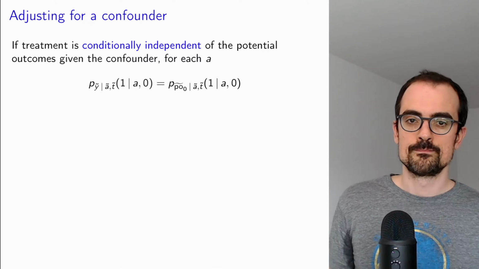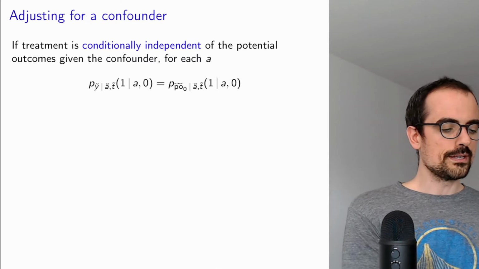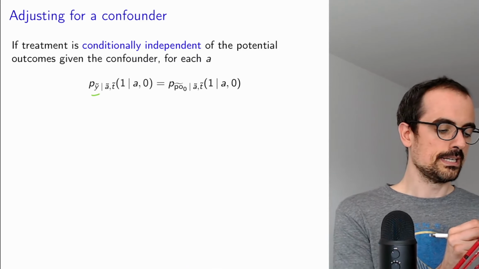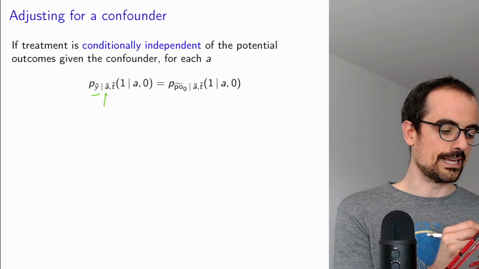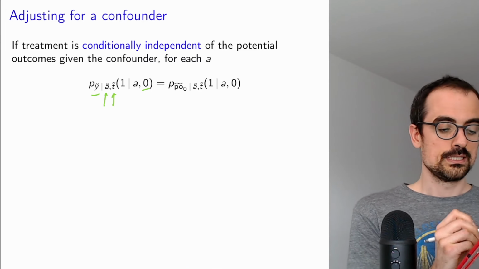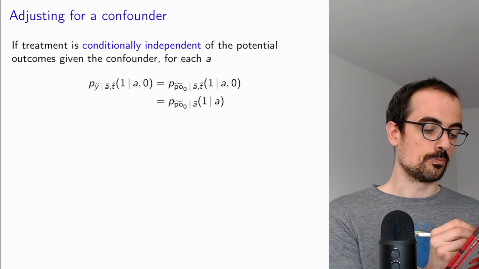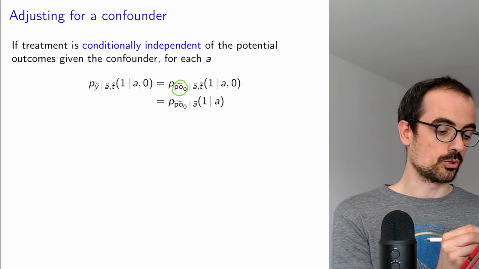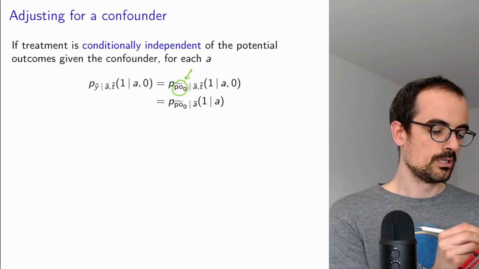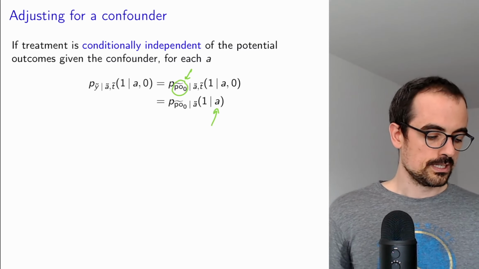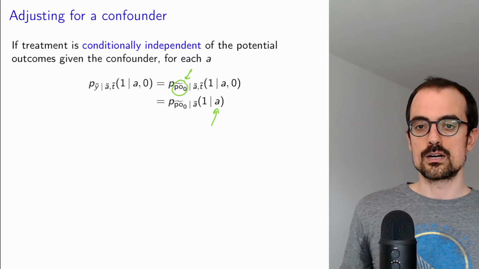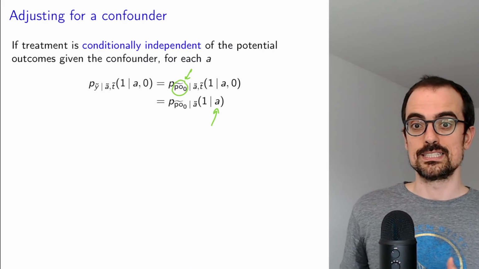But how do you do that? Well, when we have this assumption, here we have the observed outcome given the confounder, which is age in our case, and the treatment. When the treatment is 0, then we observe the potential outcome associated with no treatment, and because of the conditional independence assumption, that is the same as the probability of the potential outcome associated with no treatment, regardless of whether the patient is actually treated or not.